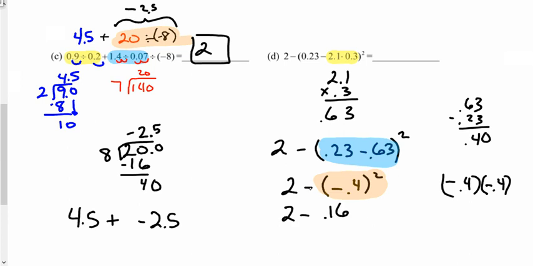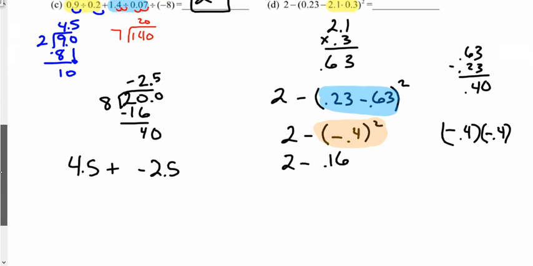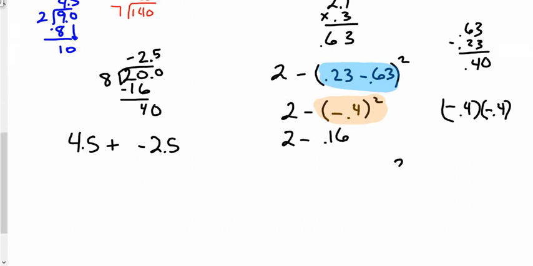Now, this negative is still out here. Notice I didn't touch that. So what I've got is 2 minus 0.16. If you think about this like $2, we oftentimes will write that as 2.00. And then we can come over here and borrow from it. You know, I might count up and change.